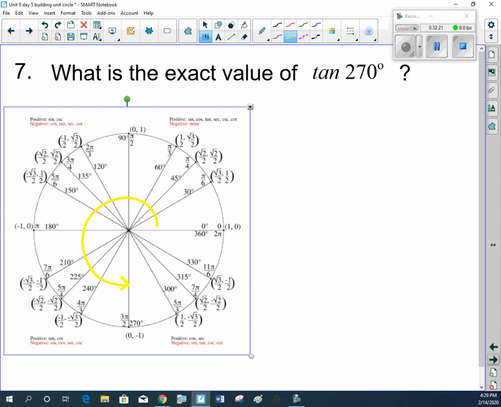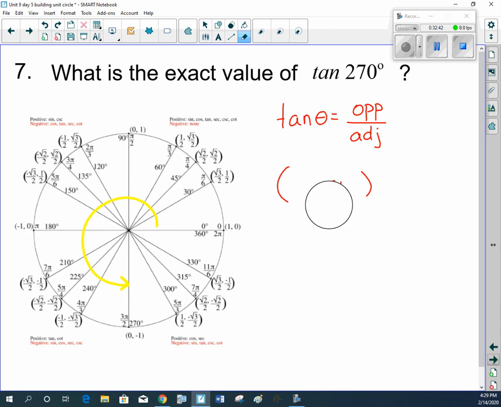So to figure that out, we're going to have to do, remember, word definition, tangent theta is opposite over adjacent. And if you're catching on with these ordered pairs, this right here was considered the opposite side, because we were always dividing by 1. This was considered the opposite side, and this was considered the adjacent side.